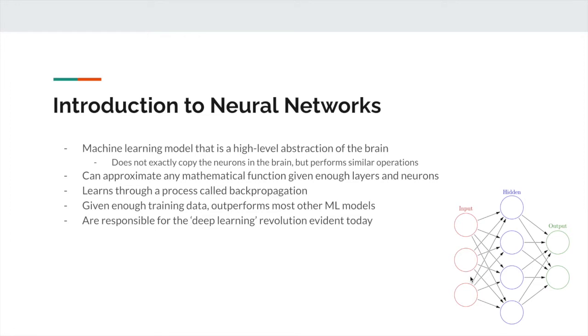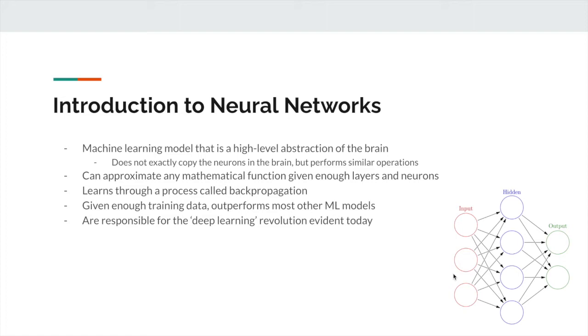And given enough training data, so these are examples of what we are trying to do, which can be images or voice samples or basically anything, we can essentially train this neural network to approximate any function.